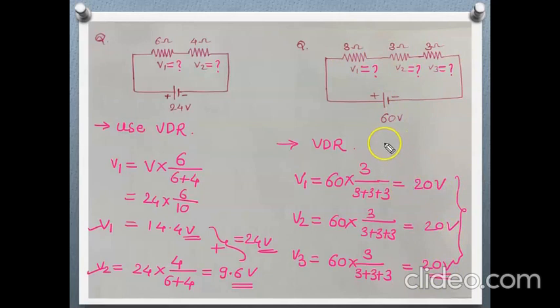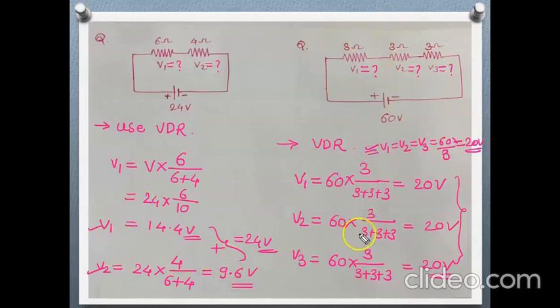So we can directly write that V1, V2, V3 are equal because the resistances are equal, which is nothing but 60 divided by 3, which is 20 volt. In this way also we can find the voltage across each resistance when the resistances are identical to each other. This is the shortcut method.